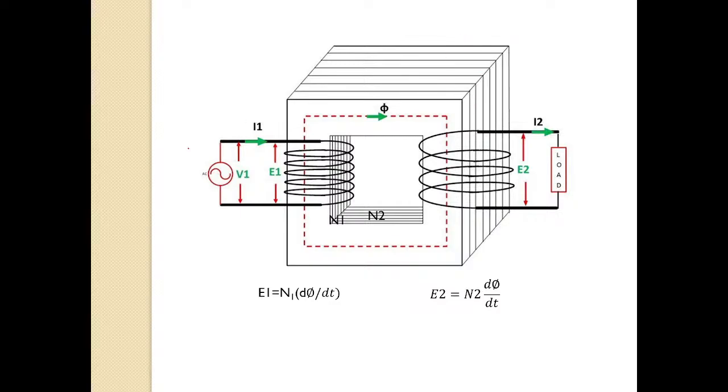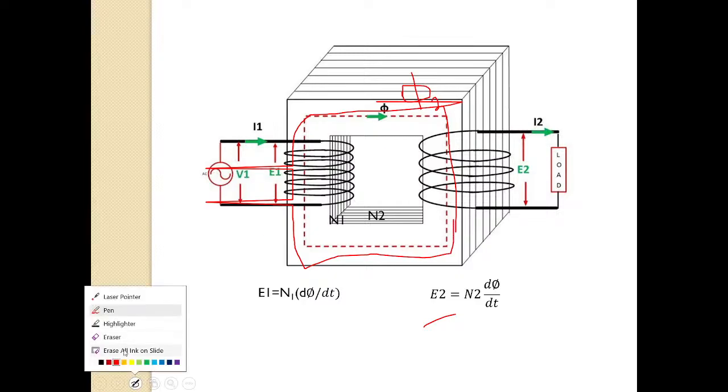When current I2 flows through the secondary winding, because of the I2 current, another flux phi 2 will be induced in the core, and flux phi 2 will flow in the core in the opposite direction to the actual flux.